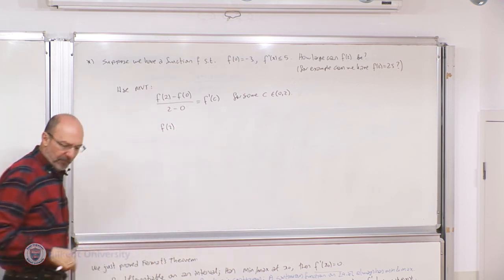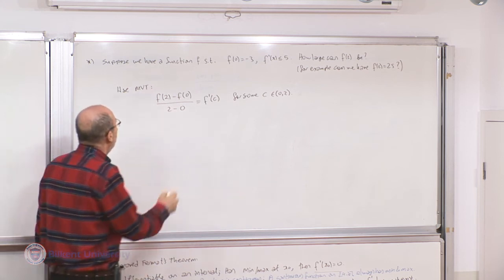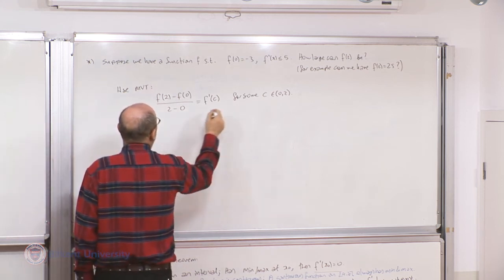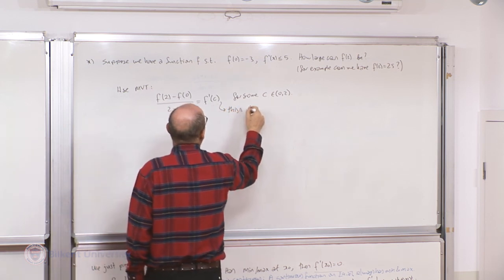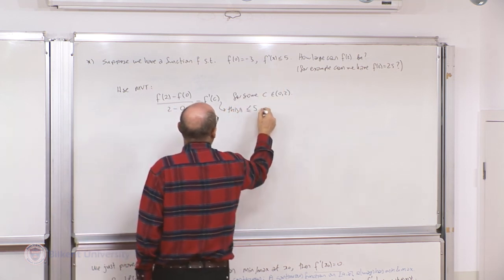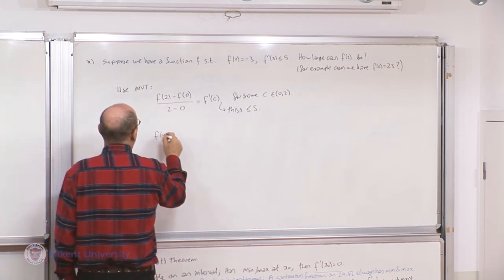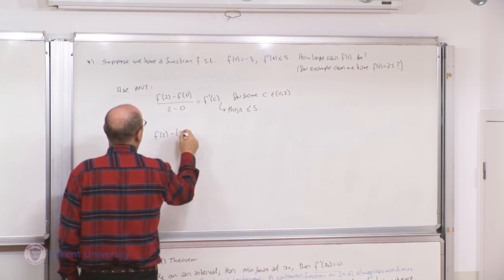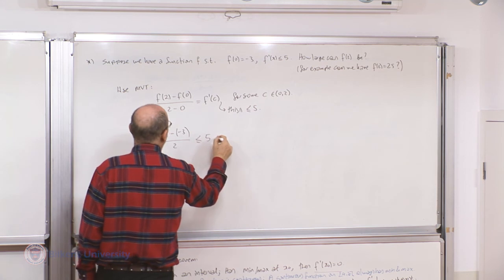Okay, so let's put f prime c less than or equal to something. So this is less than or equal to 5. Let's put in values now. f of 2 minus (minus 3) over 2 is less than or equal to 5.